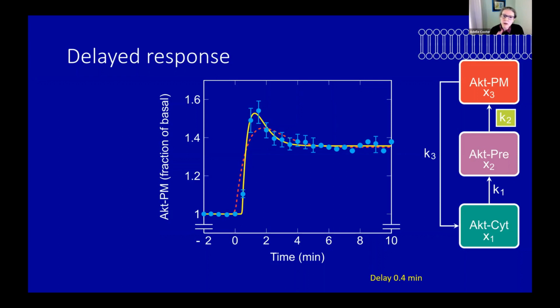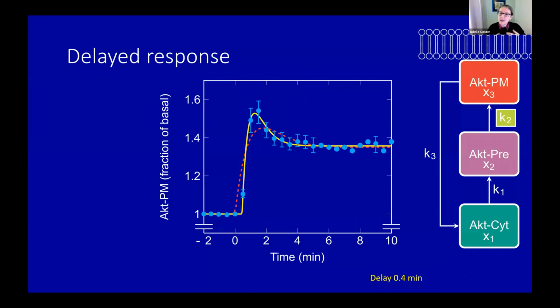This could well be an extra piece of information that we've got now, because we know there's a whole cascade of events from the insulin receptor binding to the insulin, forming a complex, going through IRS1 and down through PDK and down to AKT, causing it to move from the inside of the cell to the outside. So what this tells us is that that cascade of events to trigger that translocation takes about 0.4 of a minute.